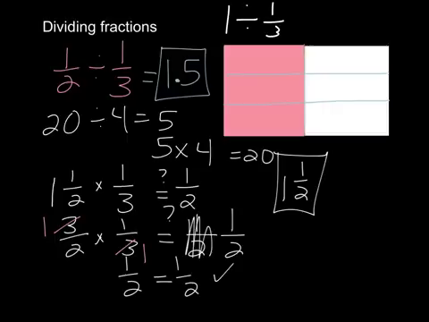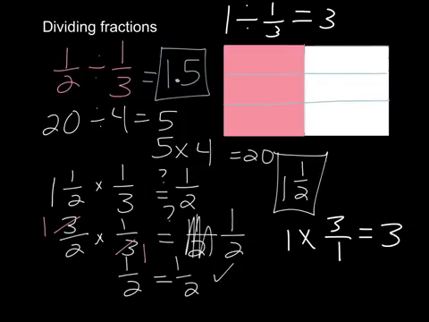They each are worth a third. But again, for these ones, I'm not wondering what they're worth. I'm wondering how many of them there are. So there are 3. Answer would be 3. That's the same thing as doing 1 times 3 over 1, the reciprocal. So that's 3.